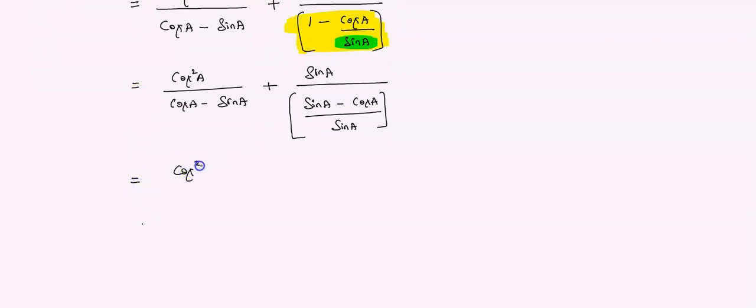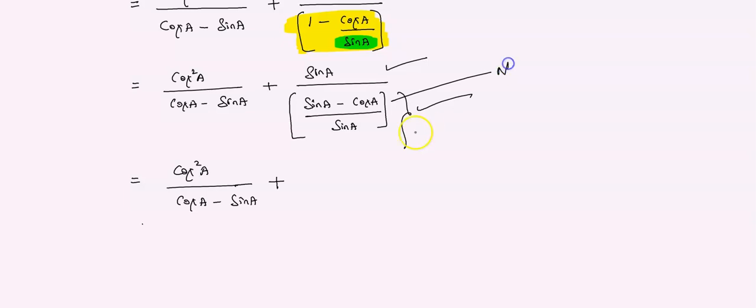Cos square A by cos A minus sin A, done, plus, now as we can see, sin A is the numerator and this complete term is the denominator. A denominator in the denominator will become a numerator.